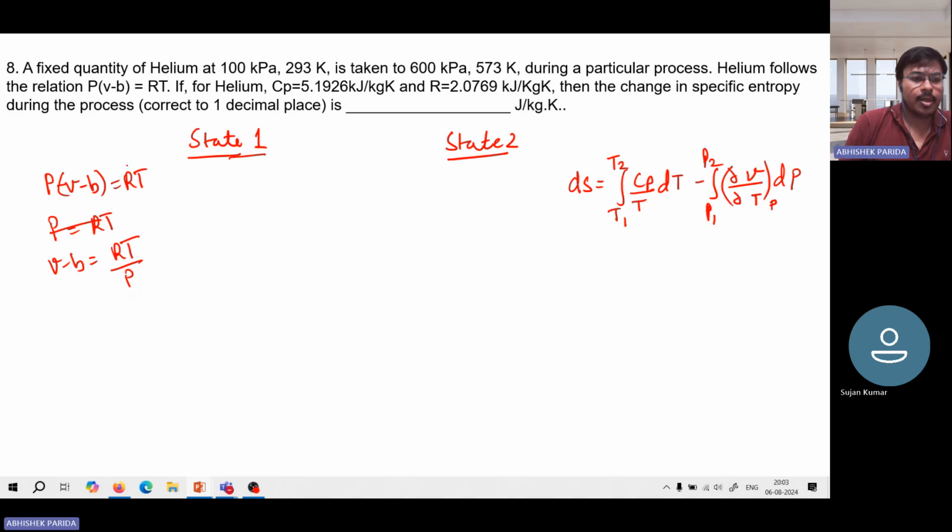So this equation is given, the equation of state for this helium gas: P into (V minus B) is equal to RT.